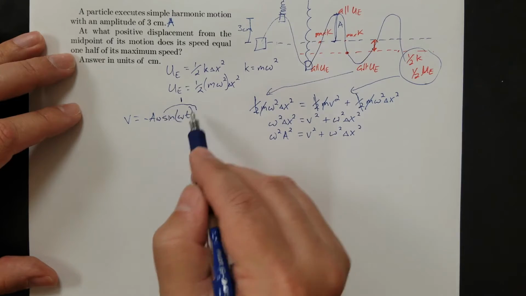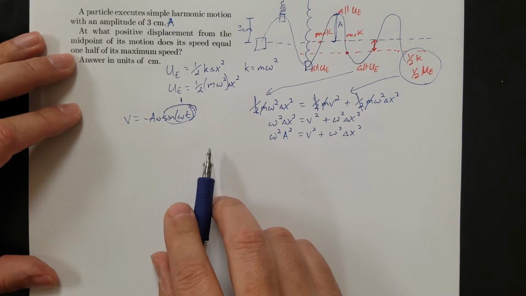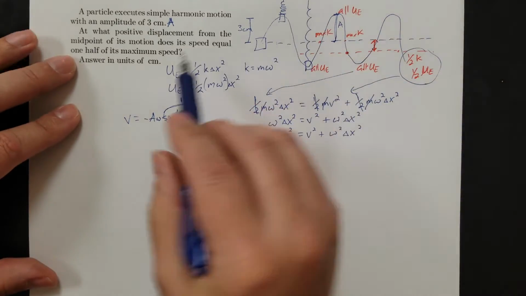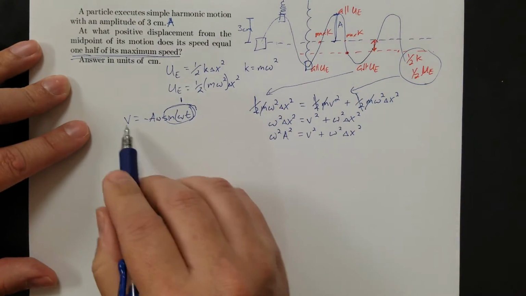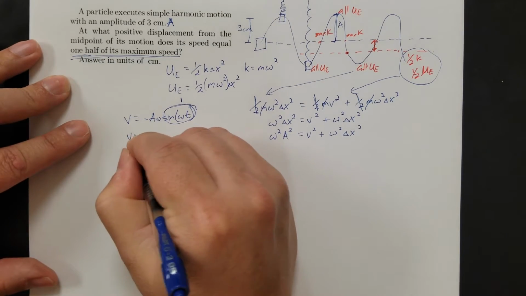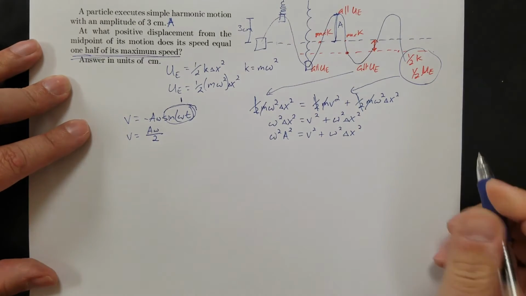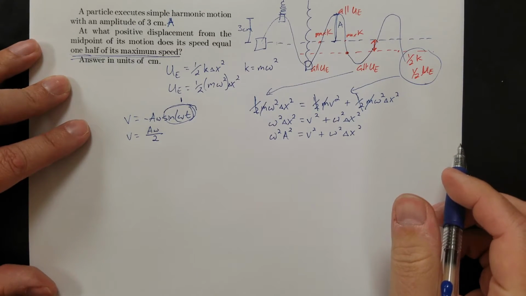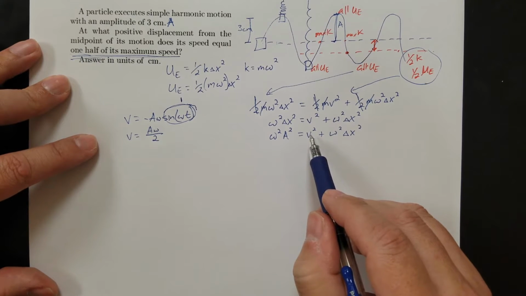So I'm going to call that sine 1, so v equals A omega. And I want the velocity when it's half of the maximum speed, so I'm going to take half of this number. I'm finding v when it's A omega over 2. Now I'm going to plug this in for v.